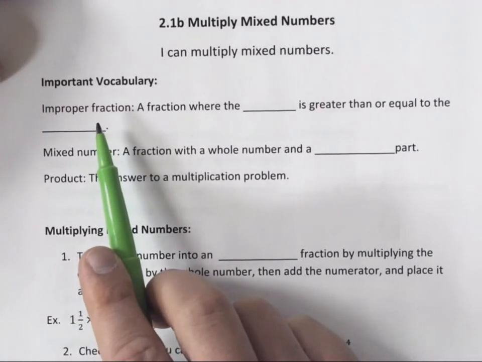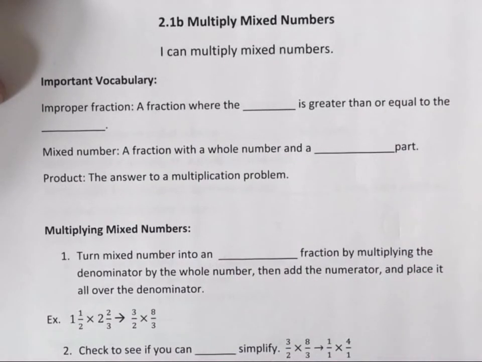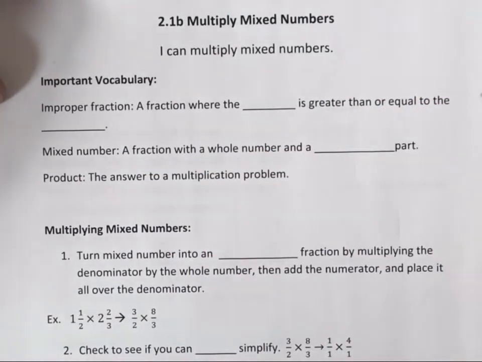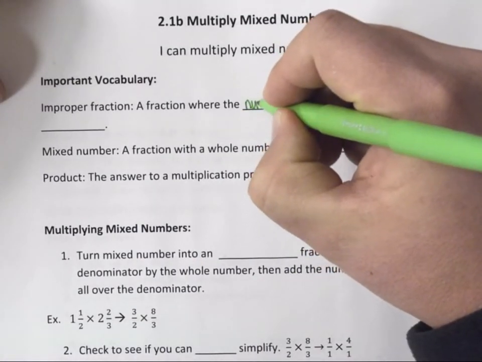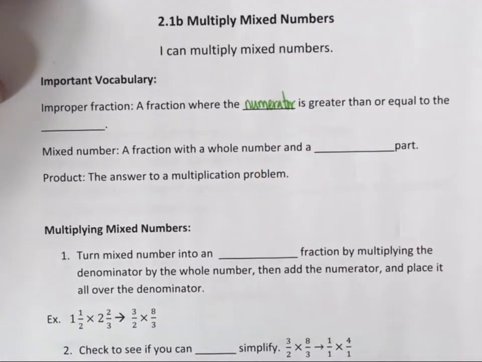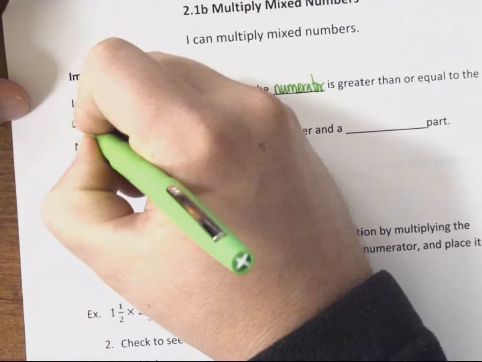An improper fraction is a fraction where the blank is greater than or equal to the blank. Okay, a fraction where the numerator is greater than or equal to the denominator.